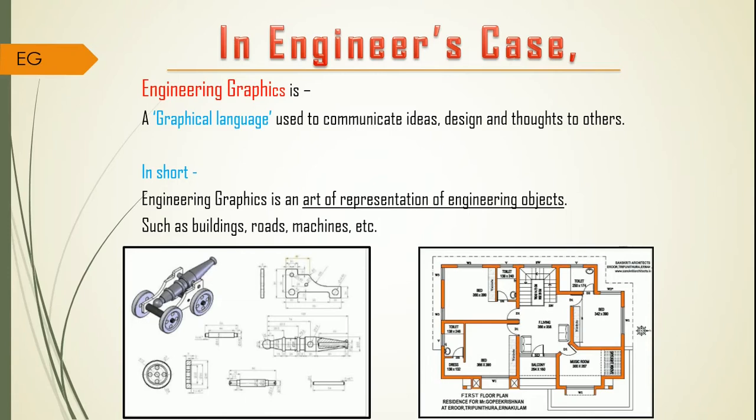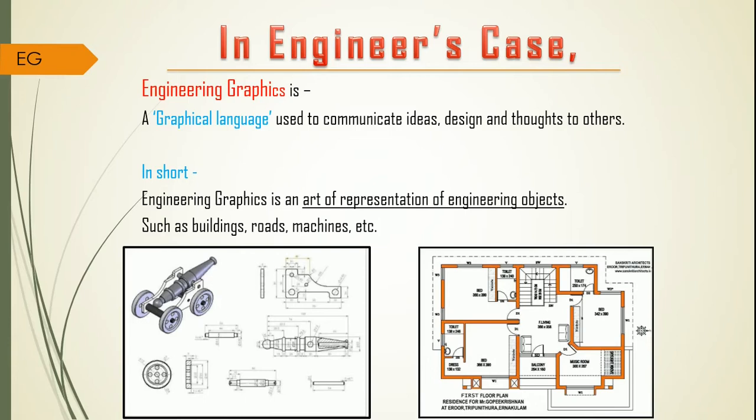So he has to use some other language, and that other language is simply the graphical language, which is called engineering graphics. So simply we say that engineering graphics is an art of representation of engineering objects.